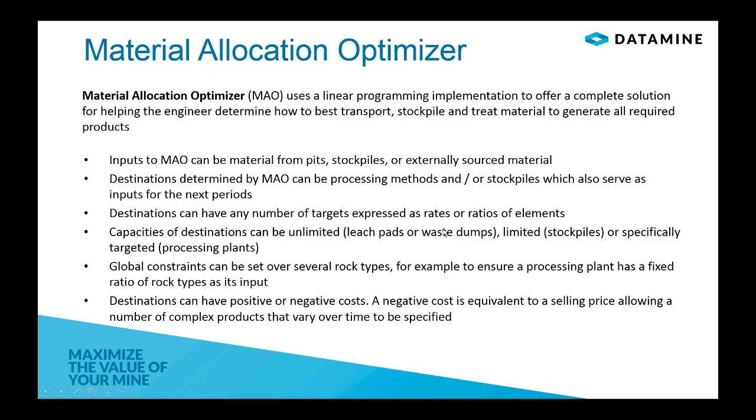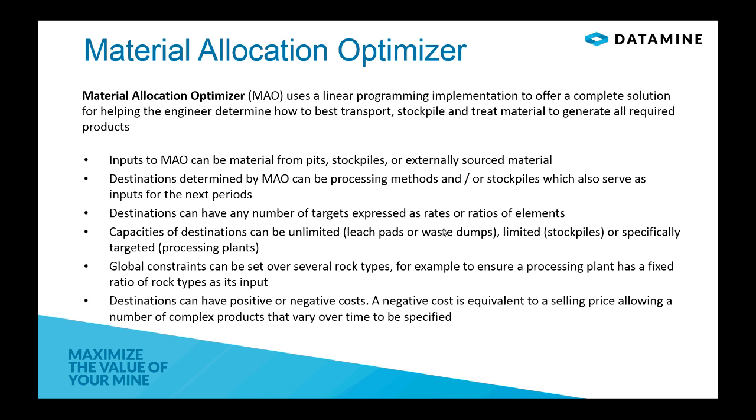We have added quite a few new functions in our material allocation optimizer module. Just a few words about it. It's using linear programming to compute the best destination to deliver our material from different sources.